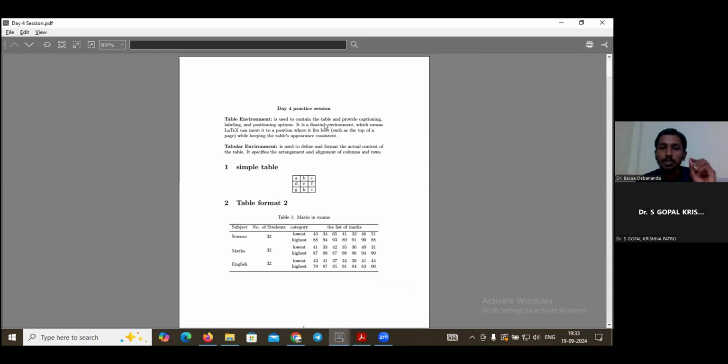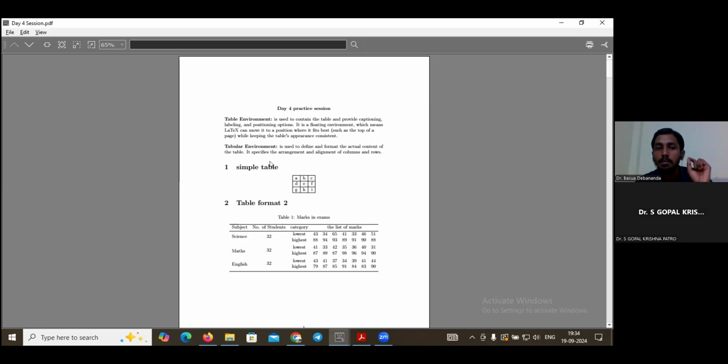The table environment is used to contain the table and provide captioning, labeling, positioning options, and also a floating environment, which means if you want to set the table at the top or bottom or left or right. That means the table environment is for how we keep the table, and the tabular environment handles the letters inside and the drawing of the lines.